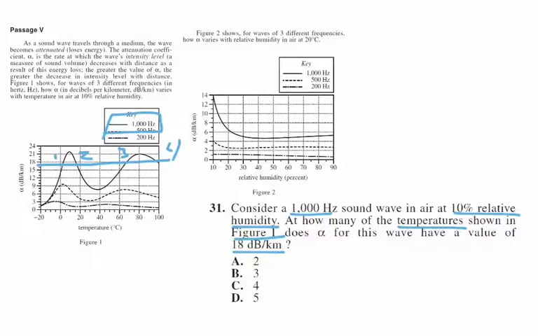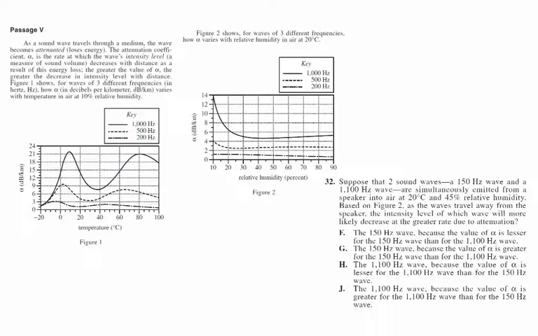So 4 different times that it has a value of 18 for the different temperatures. So C. I don't think I explained that well. 1, 2, 3, 4. Each of those times that 18 crosses the temperature line, it has a value. So C.